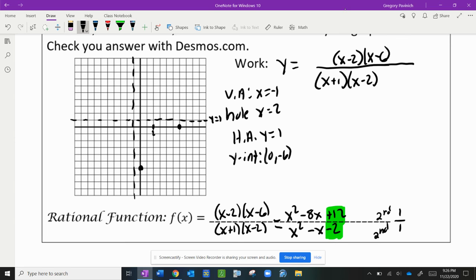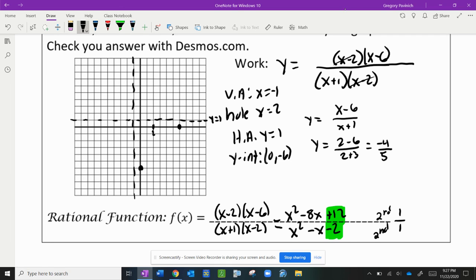And if I have a hole, if I reduce my x minus 2's out, I have x minus 6 over x plus 1. And then I'm going to plug that hole value of 2 in to find the y value. 2 minus 6 over 2 plus 1, which is -4 thirds, so almost -1.